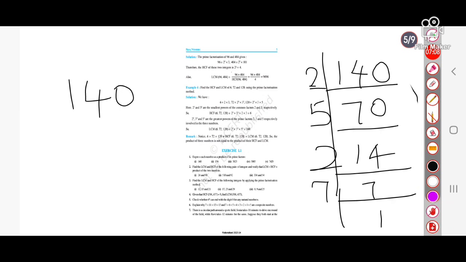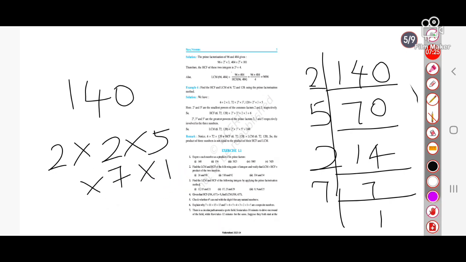So we arrive here at 2 into 2 into 5 into 7. This is what we got while doing the general method for 140.